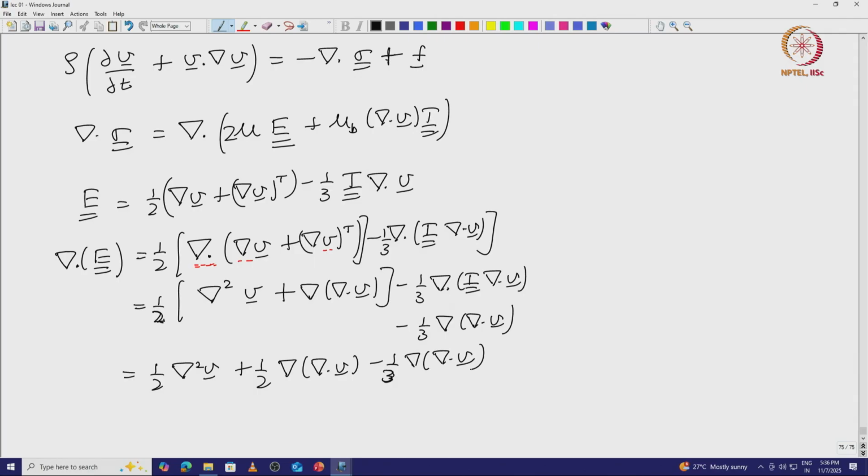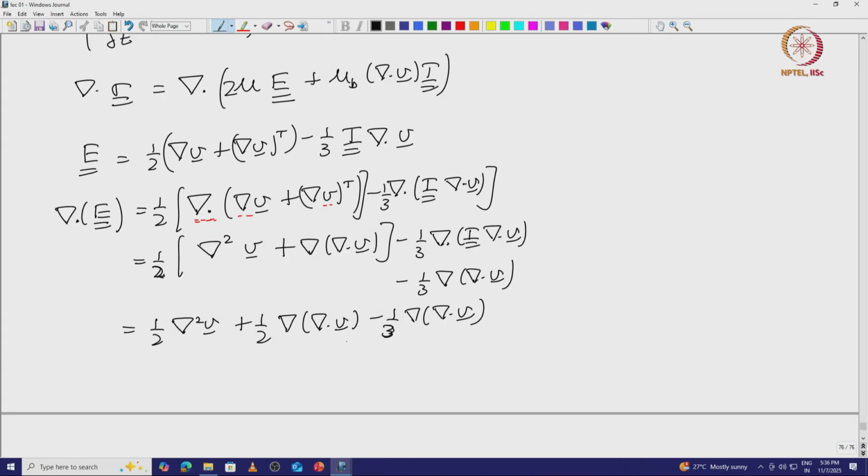So, therefore, del dot sigma will be equal to 2 mu times the divergence of E, that is mu del square V plus, half minus 1/3 multiplied by 2. So, this will be equal to minus 1/3 grad of del dot V.